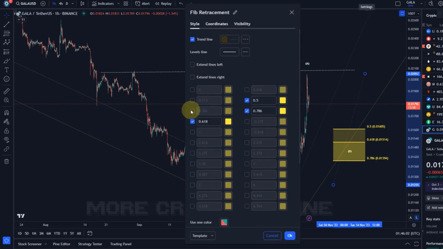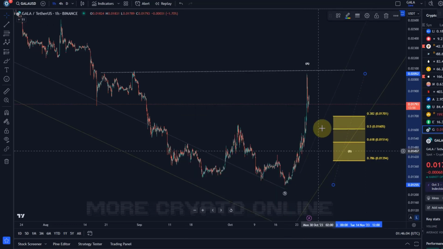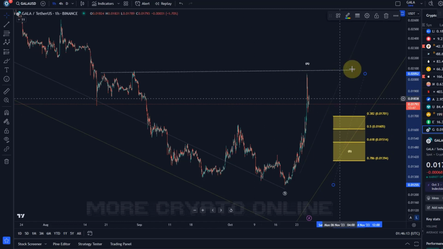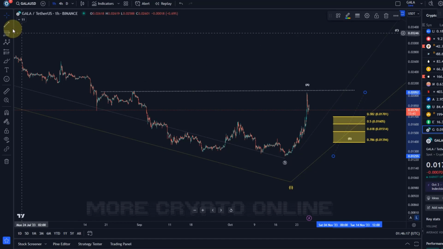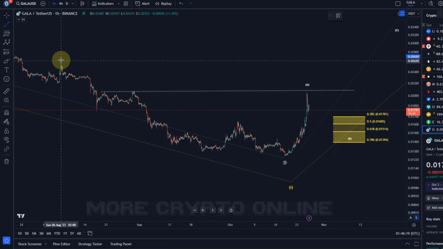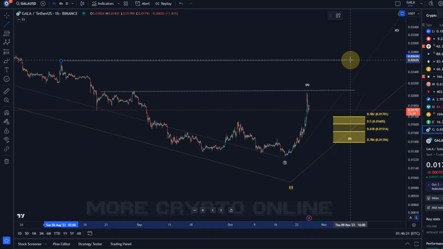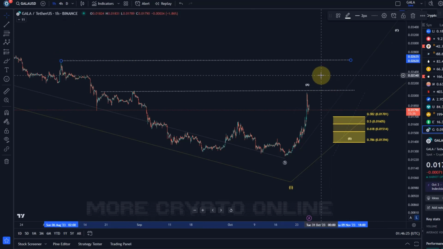So let's add the 38.2 fib level, which was nearly reached already here. But if we get a bit more of a substantial B wave, then this could act again as a bit of a breakout pattern here. Either way, that is the next level to cross before the price could get to the next level here, which is around 2.6 cents. So that will be the next level to watch.